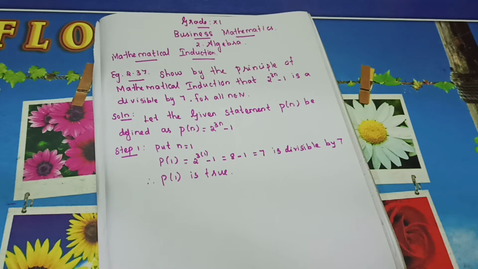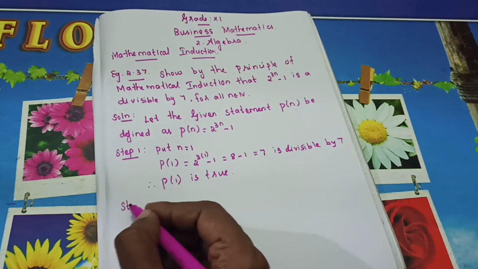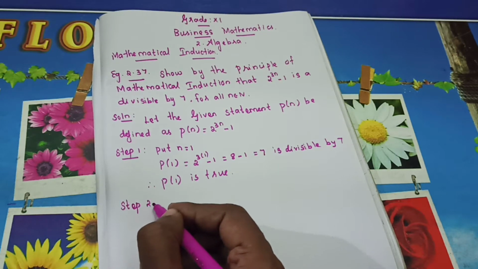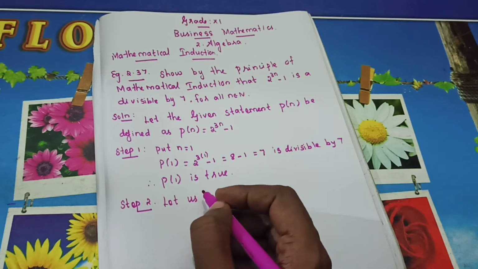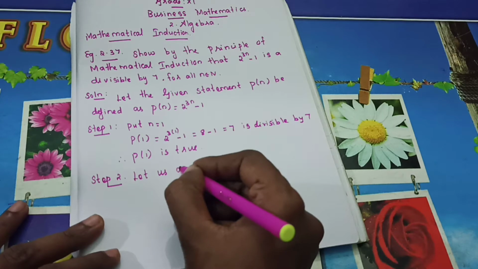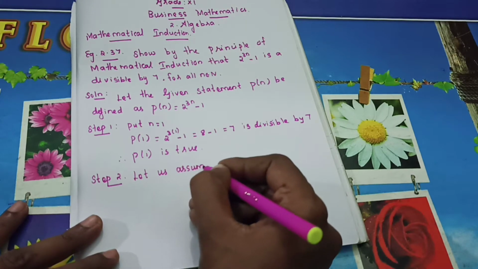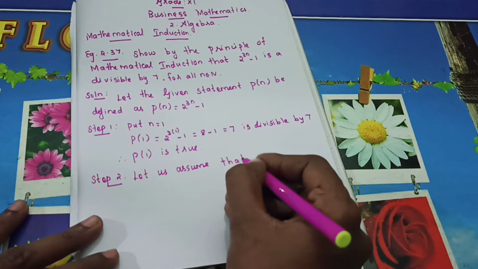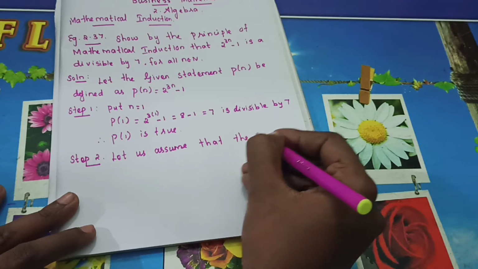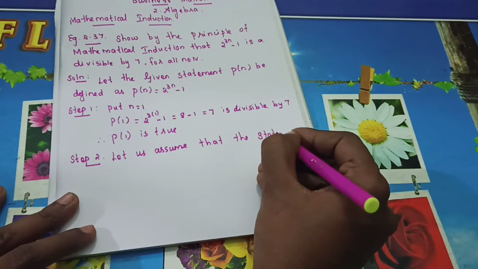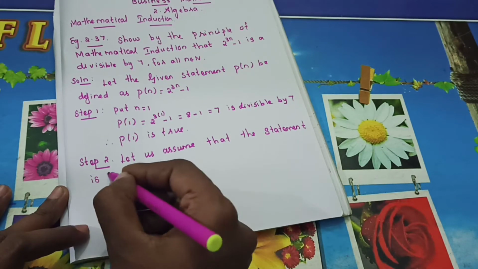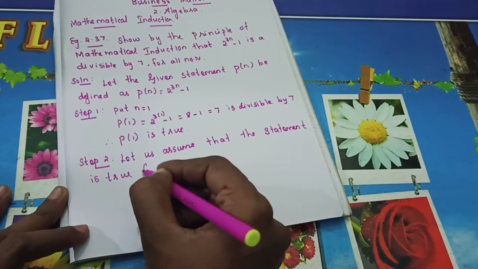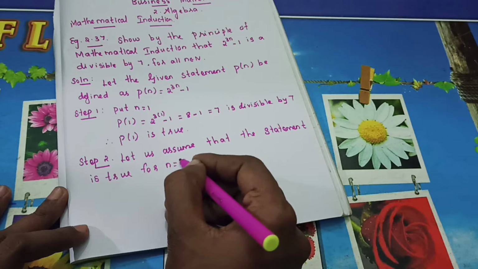Okay. Step 2. Let's assume that the statement is true for n equal to k.